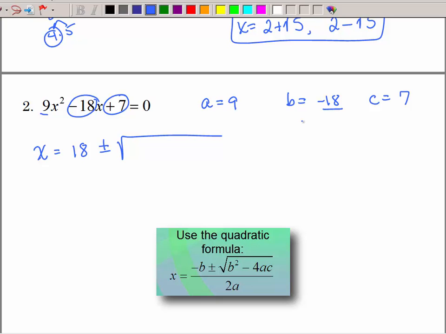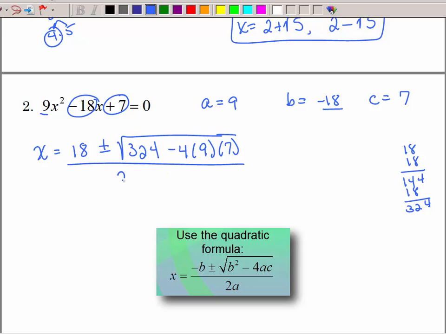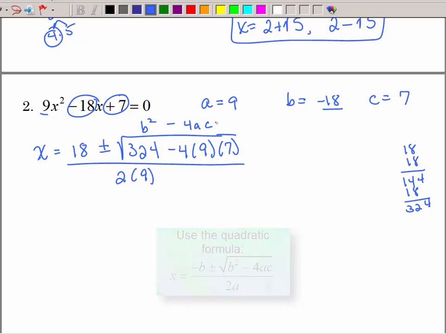Wow, I need to know what 18 times 18 is. I don't have a calculator, so I'm just going to do this. So that's 324. All right, so b squared minus 4ac, all divided by 2a.